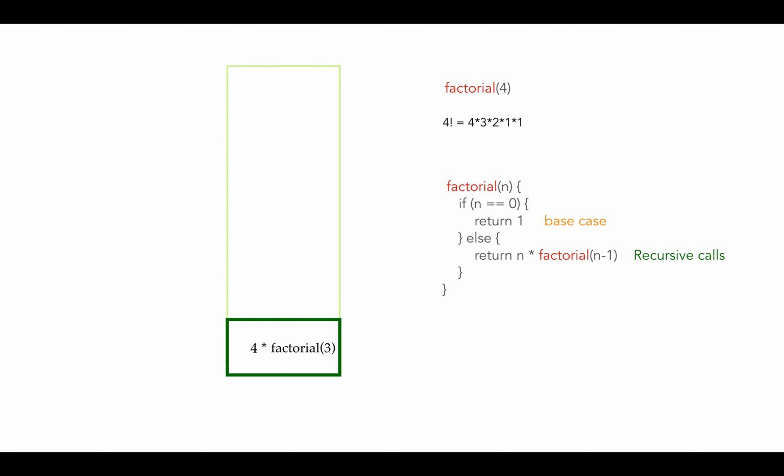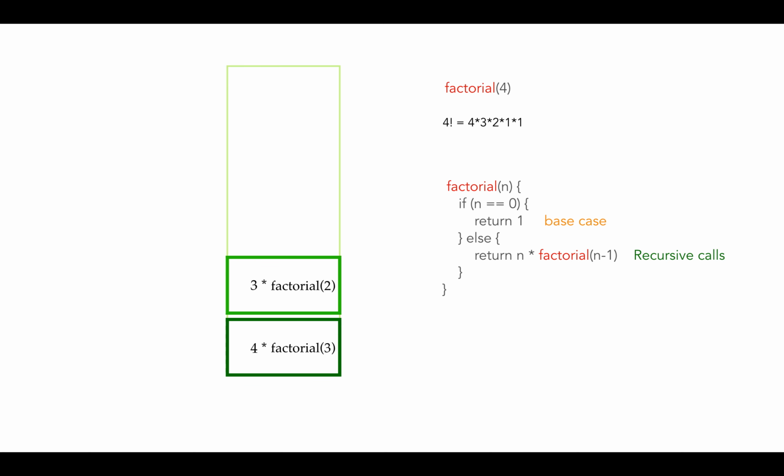So this first call halts until it finds the value for factorial 3. The second call happens with n equals 3, which again multiplies 3 by factorial of n minus 1, which in this case is factorial of 2.